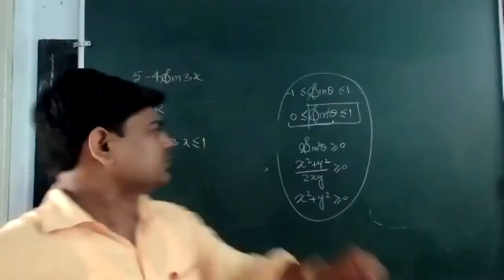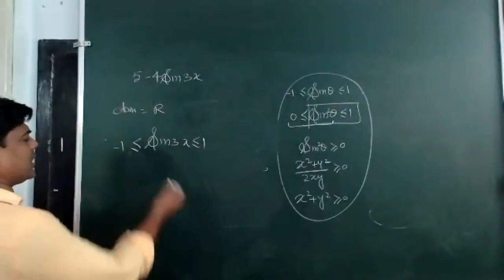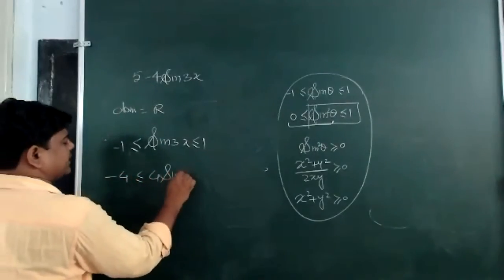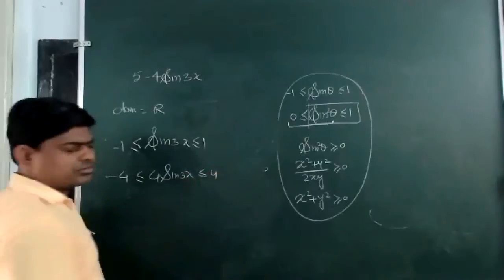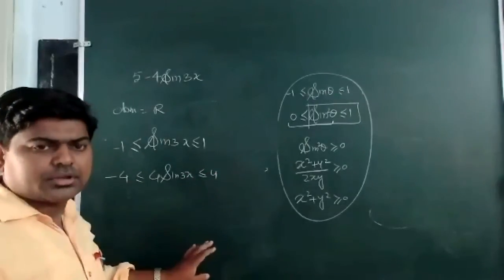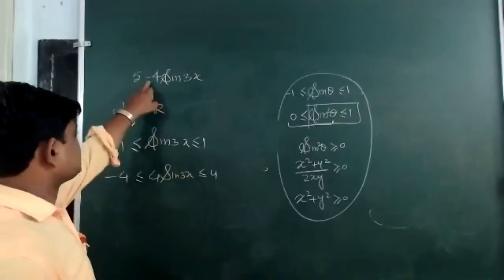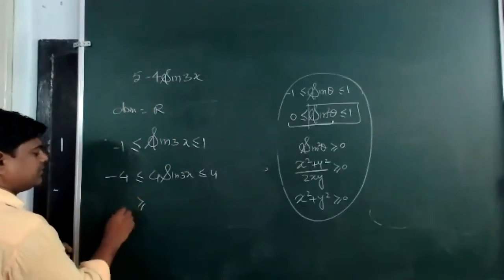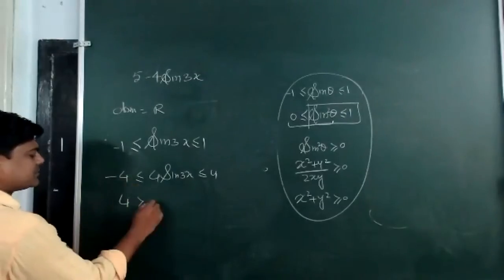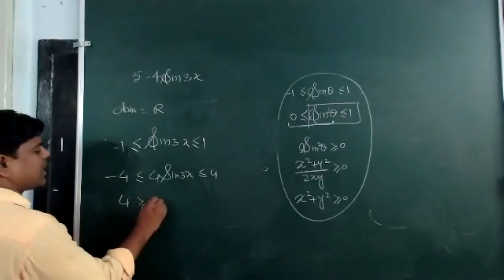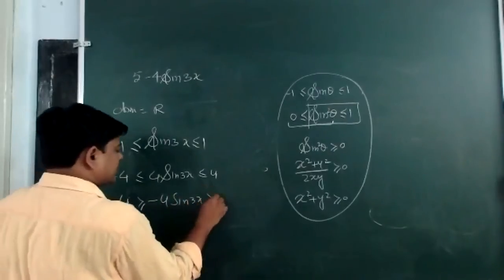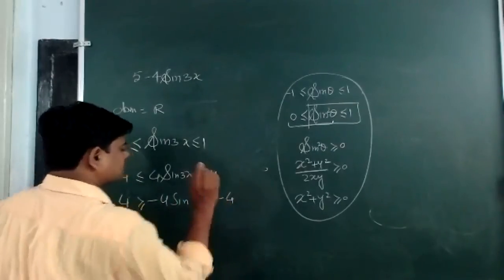Now I'm multiplying by 4, so -4 is less than or equal to 4 sine 3x, which is less than or equal to 4. Am I correct? Say yes or no. Since I'm multiplying by a negative sign, the inequality sign will change, so -4 sine 3x is greater than or equal to -4.